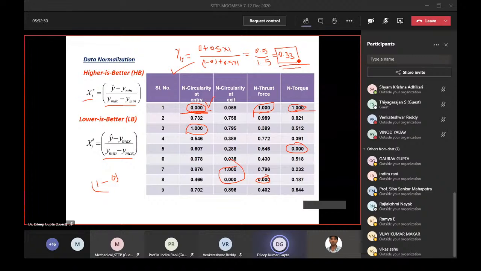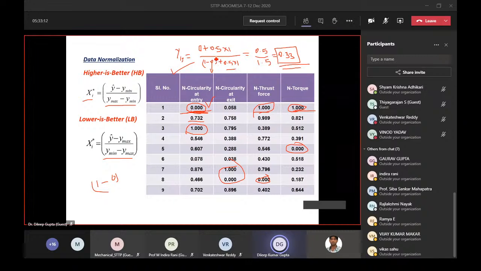Am I clear? Yes, sir. So ये 0.33 आ गया. Similarly you can go for 0.732. So 0.732 जो होगा, ये वाली जगह पे आ जाएगा आपका.